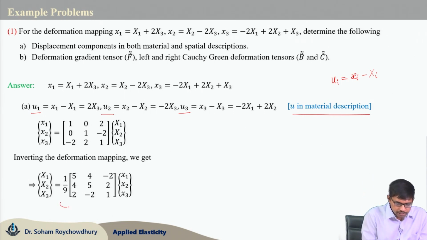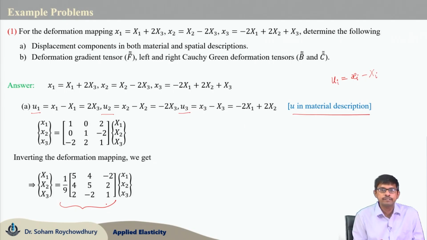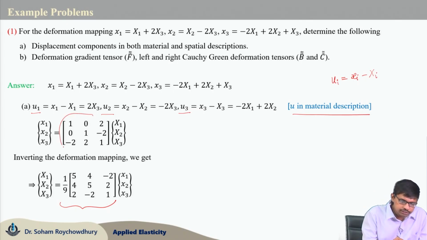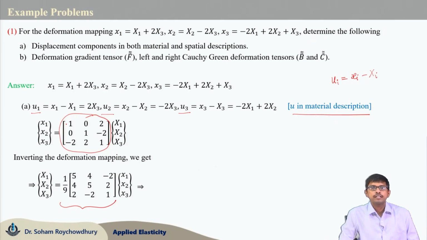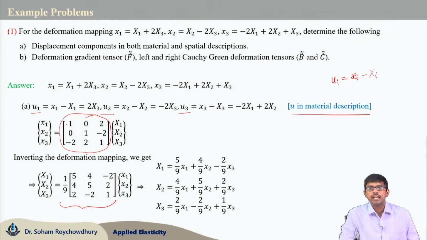So, this particular 1 by 9 times a matrix is nothing but the inverse of this particular matrix. With the help of this F inverse matrix, we can write X1, X2, X3, the material position vector components, as functions of x1, x2 and x3.